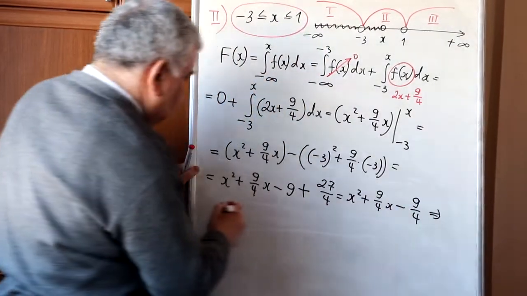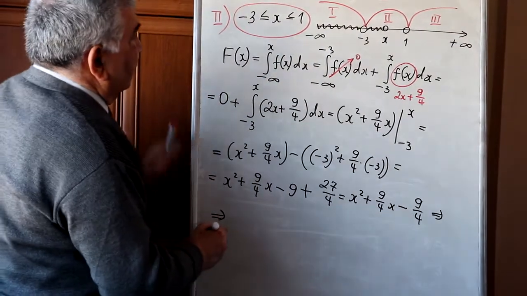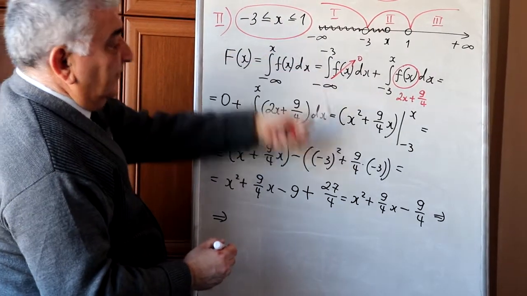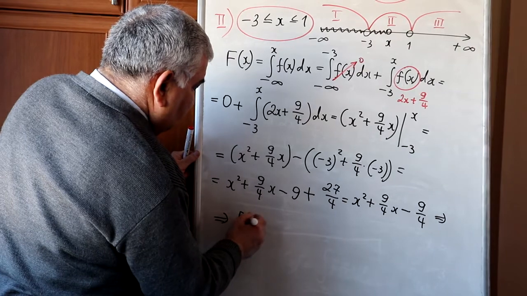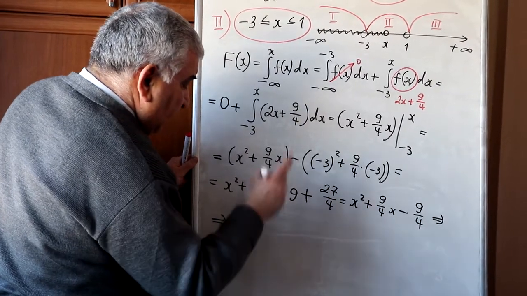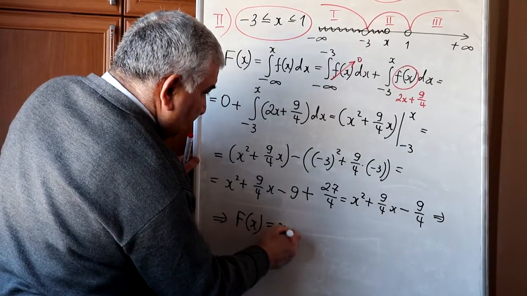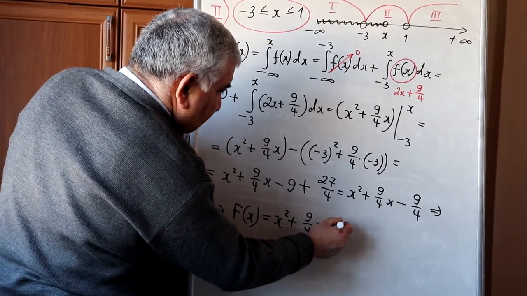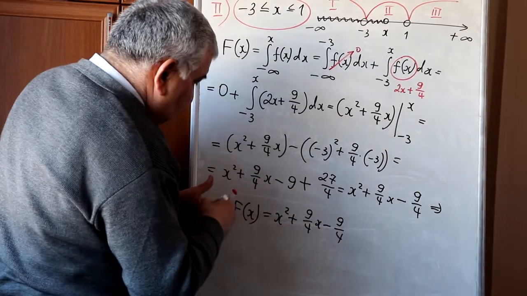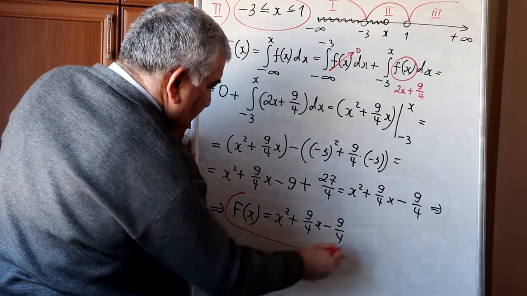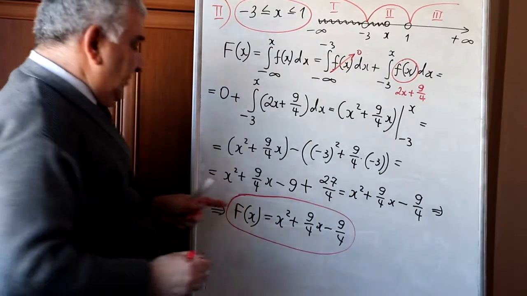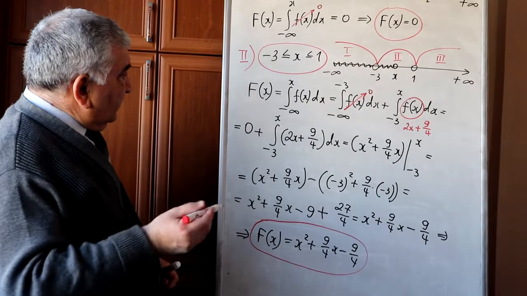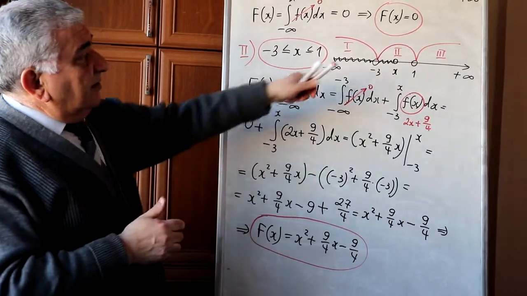Therefore, we obtain that in the second interval, for which x is situated between minus 3 and 1, F capital of x is equal to x squared plus 9/4 x minus 9/4. It is the second result, the expression of the integral distribution function in the second interval. Then consider the next interval, the last interval, the third interval.